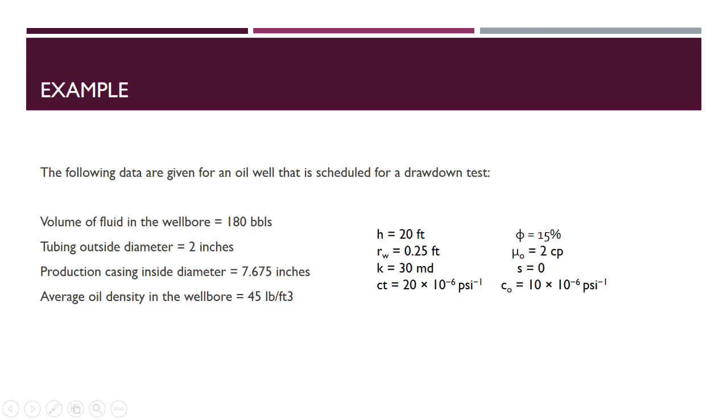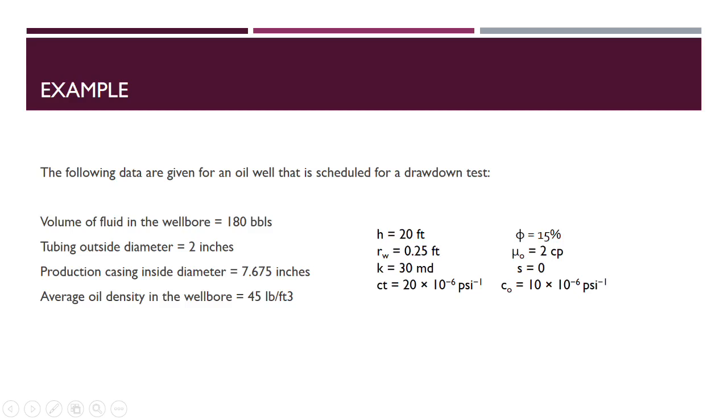Example: the following data are given for an oil well that is scheduled for a drawdown test. Volume of the fluid in the wellbore is equal to 180 bbl. Tubing outside diameter is 2 inches. Production casing inside diameter is 7.675 inches. Average oil density in the wellbore is 45 pounds per cubic foot. H is equal to 20 feet. Wellbore radius is 0.25 feet.